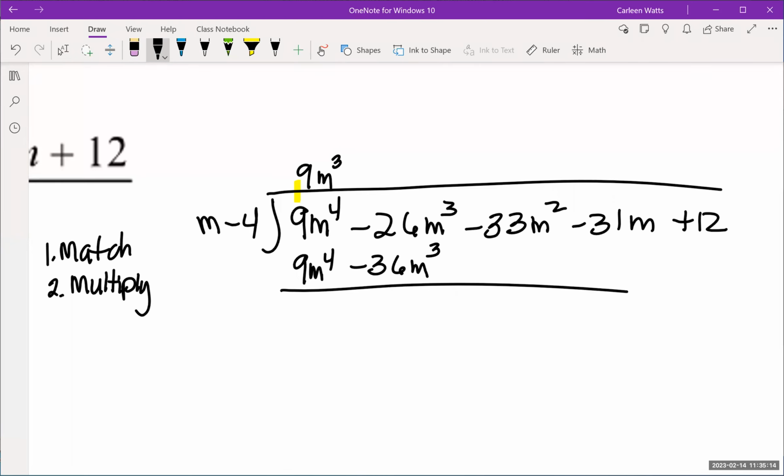Match, multiply. What's the next step? Subtract. With a different color. Distribute the negative all the way across.